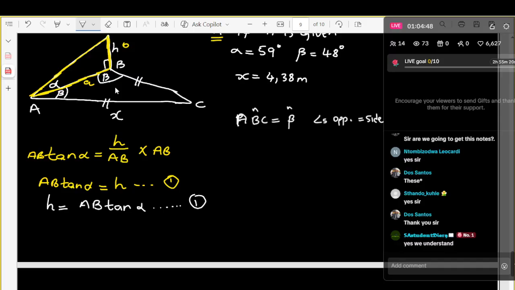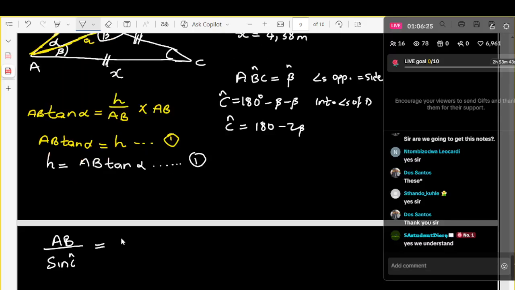So I can use the sine of beta, which is x over the sine of beta, because it doesn't matter which side we use. These two sides are equal.